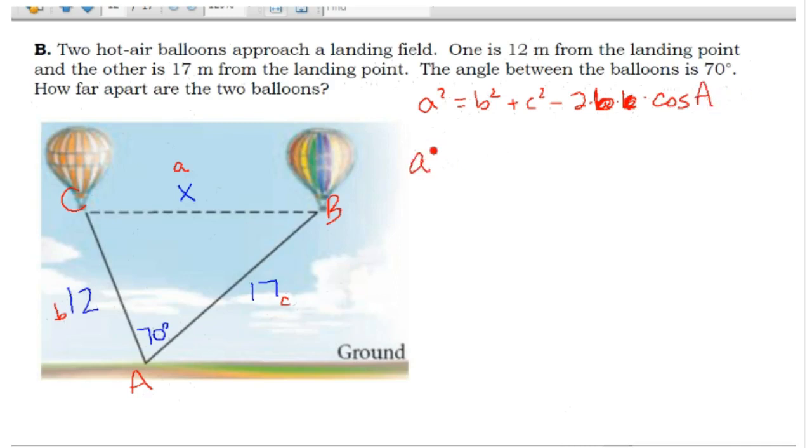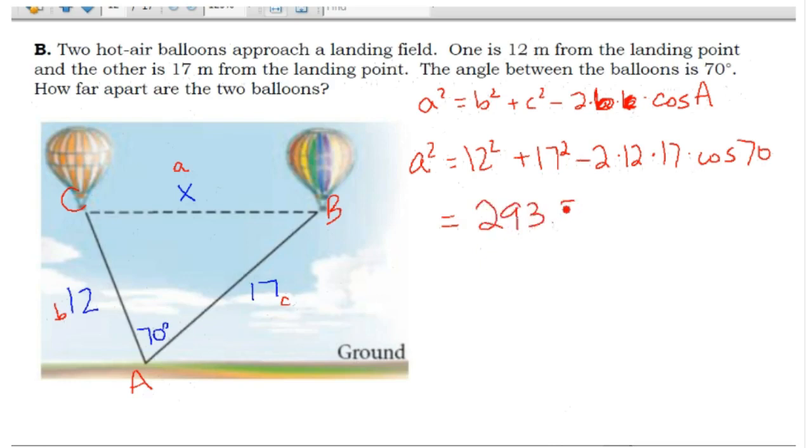So A squared is 12 squared plus 17 squared minus 2 times 12 times 17 times the cosine of 70, which equals 293.5.